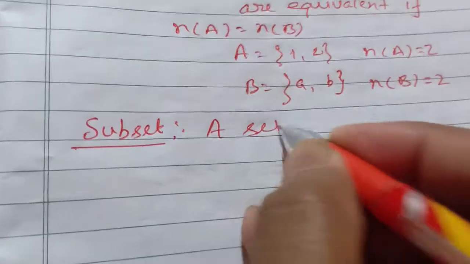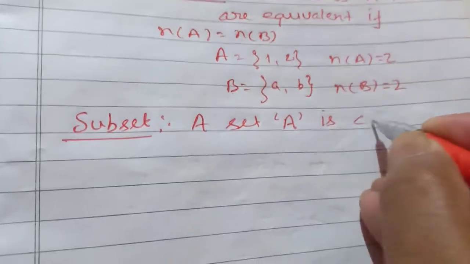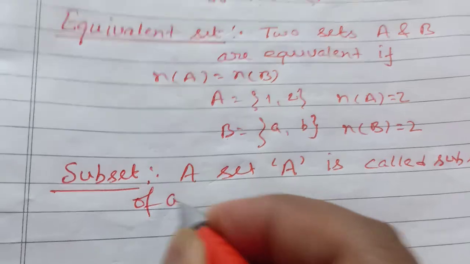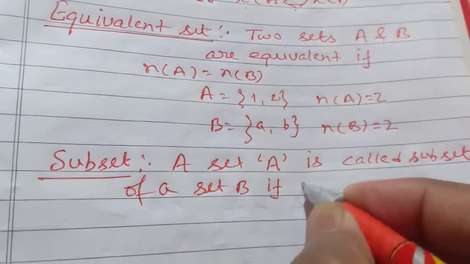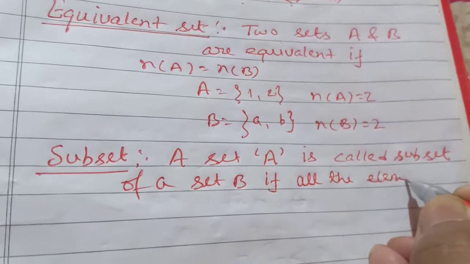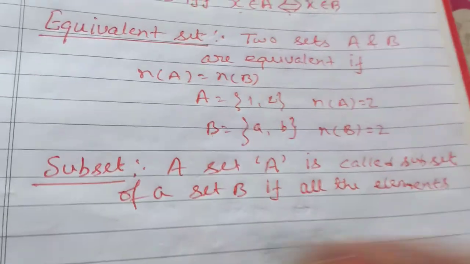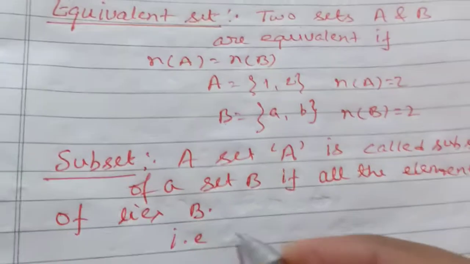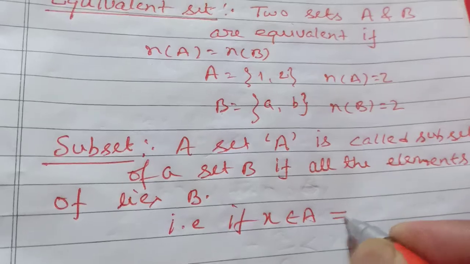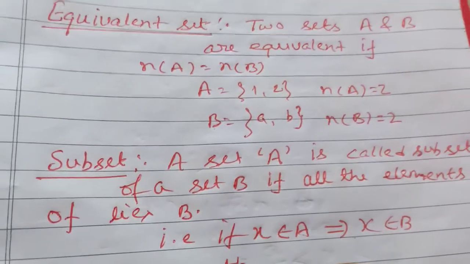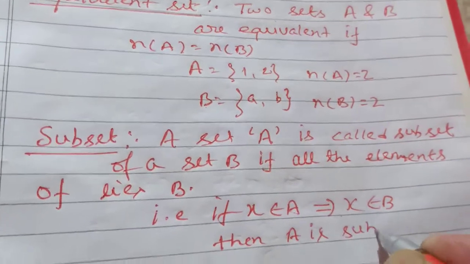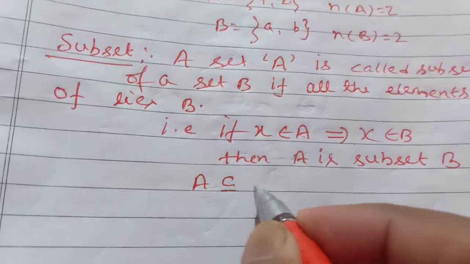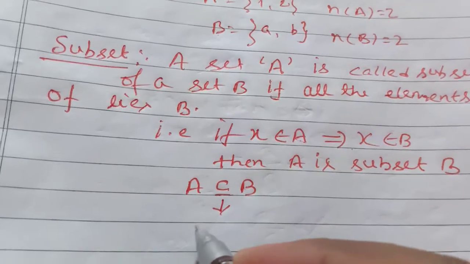A set A is called a subset of a set B if all the elements of A lie in B. That is, if X belongs to A, this implies that X belongs to B. Then A is a subset of B. Symbolically, it can be written as A subset B. This is the symbol of the subset.